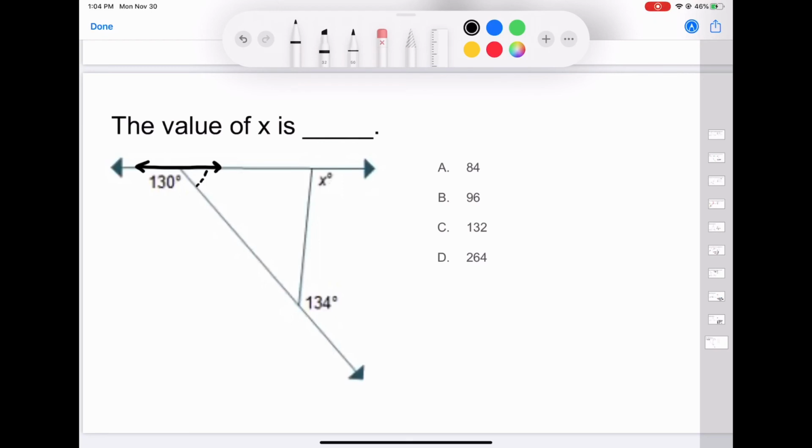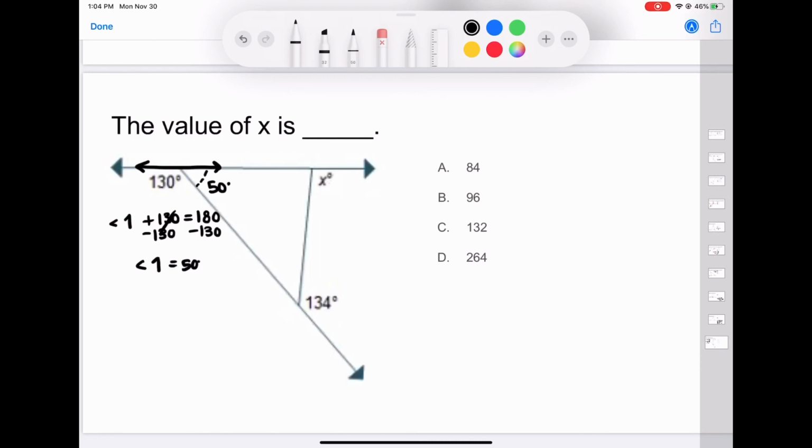And so if we know that when we add those two together we get 180, well then what we could do is, let's say this is the measure of angle 1. So angle 1 plus 130 must equal 180. So I'll subtract 130 from both sides. And I know that the measure of angle 1 is equal to 50. So I've found out that this is equal to 50.